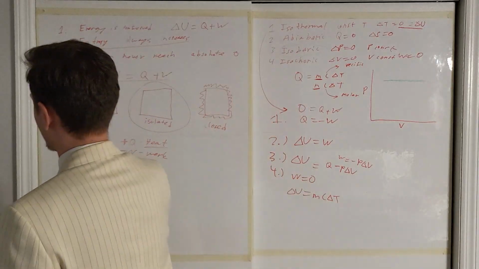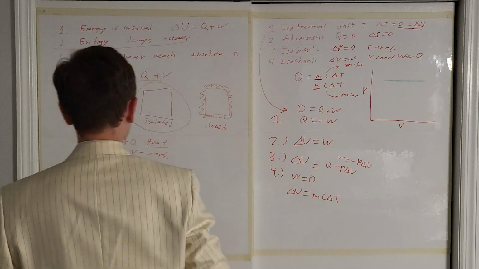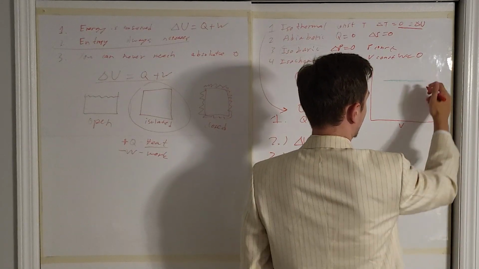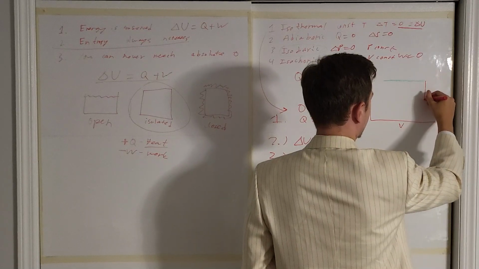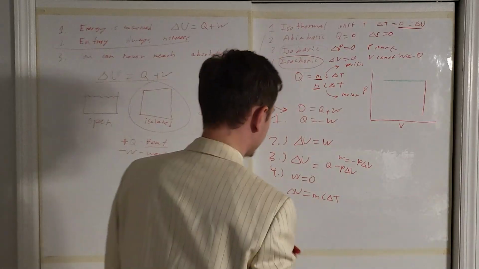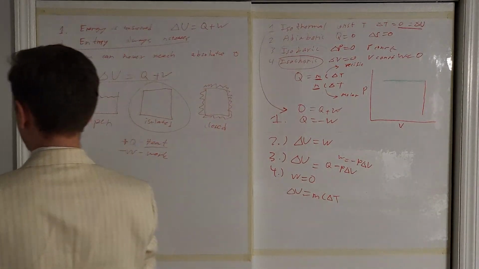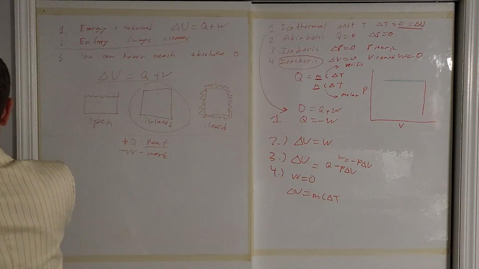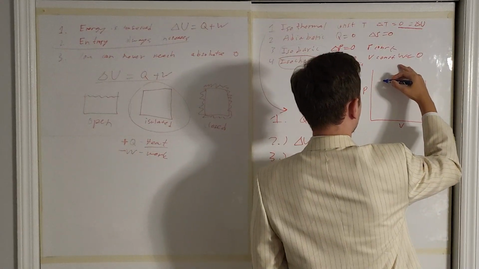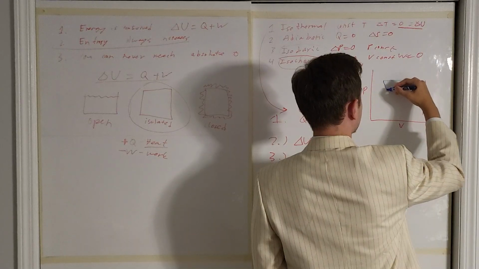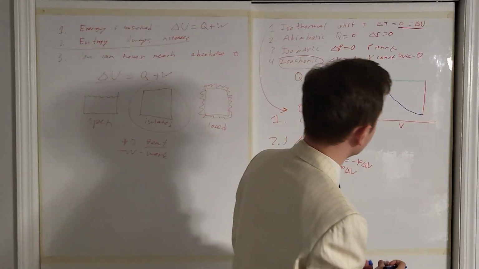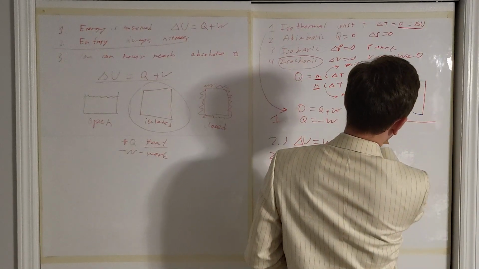The isochoric process, let me use red for this, is going to be a vertical line. There's no change in volume. Your volume must remain constant. Okay, this is going to be the isochoric. Now let's do the isothermal. I'm going to do this in blue. Isothermal is going to follow a path similar to y equals 1 over x. If you look at a graph of y equals 1 over x, that's going to be about the shape of this line.